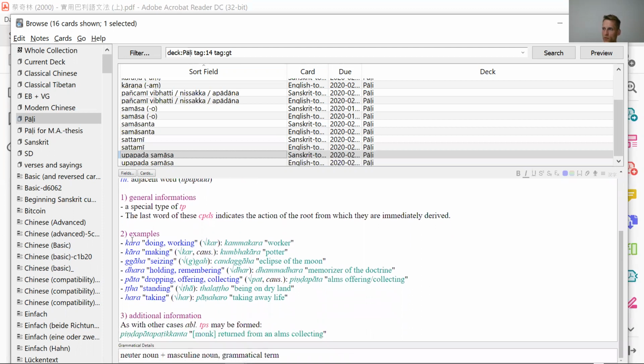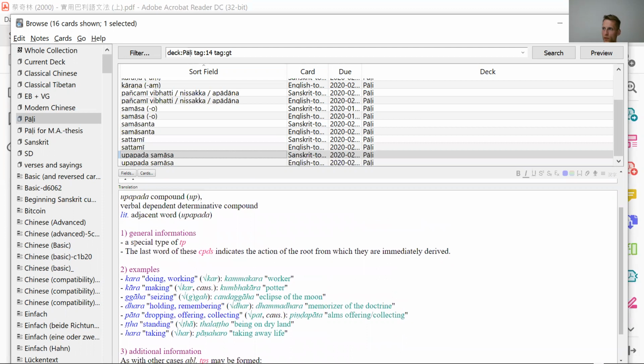And we have such verbals. Therefore, for example, these verbals are dependent on the samasa and they determine it. Hence, it is a verbal dependent determinative compound. Or just, to make it easier, Upapada Samasa. So kara, doing, working. This comes from karoti, kamma kara, and I've provided the vikkaha for these words.